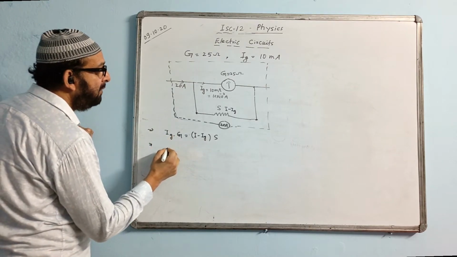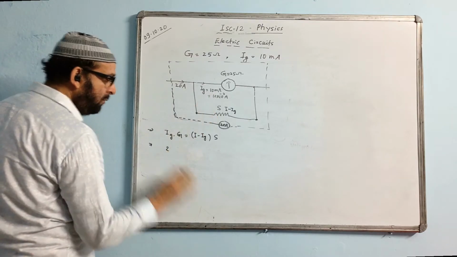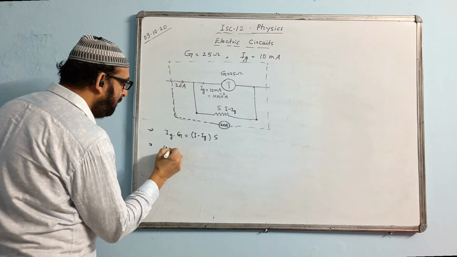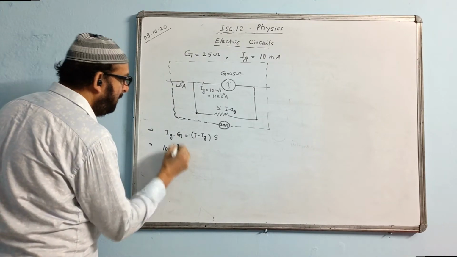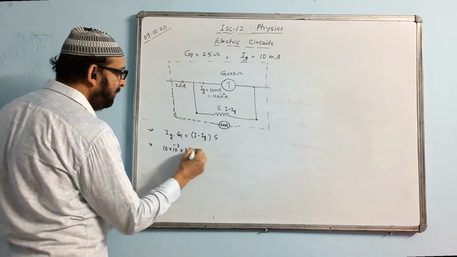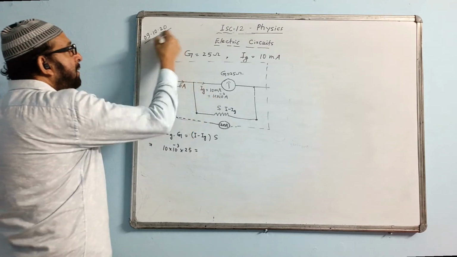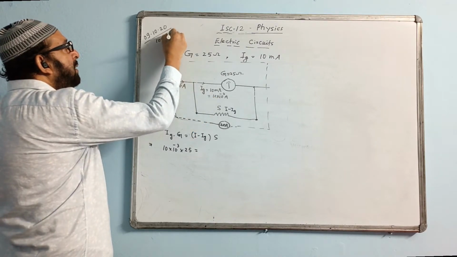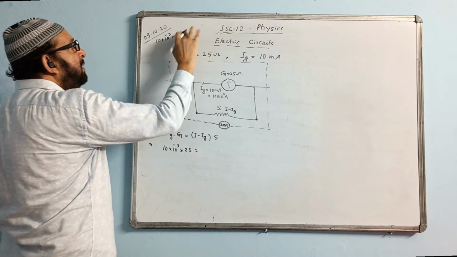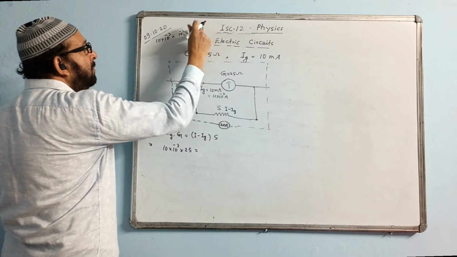Now Ig value we have 10 into 10 to the power minus 3, into the value of G we are having 25, equal to I minus Ig, that is 20 minus this, into S. Actually 10 into 10 to the power minus 3, that means 10 to the power minus 2. If you change to decimal, 0.01.